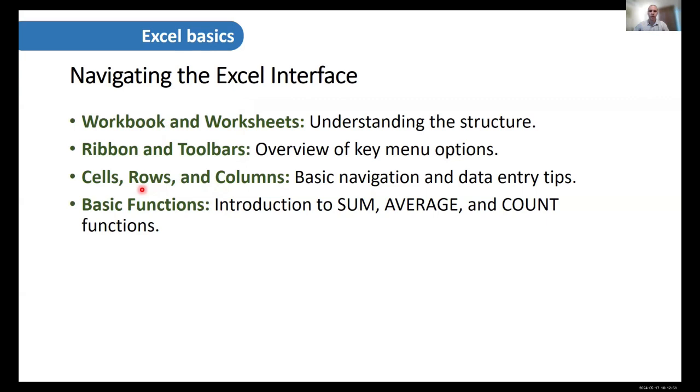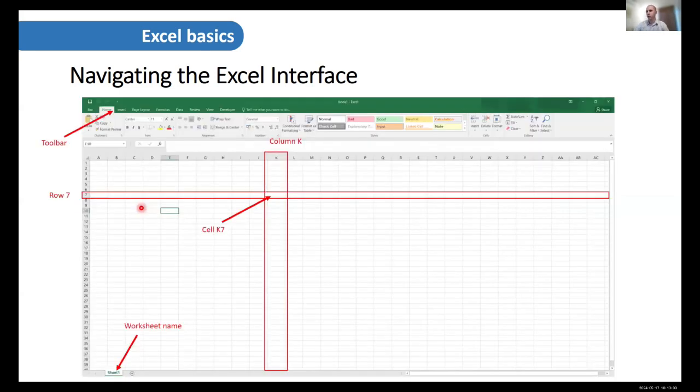For example, if I say row number 2 or column number K, these are for easier navigation, as when I say cell A1 or row 2. These are some of the basic functions, but we will cover them later. Now let's see visually what we mean by the rows, toolbars, and worksheets.